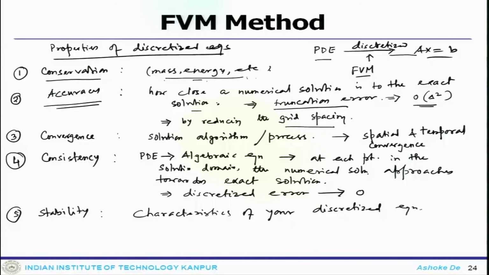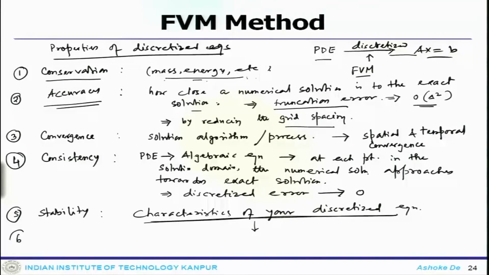That means it is a very inherent property of your discretized system, because the discretized system is what finally takes you to the solution. So, the path of the solution is important, and that can dictate whether the solution is stable or not. So, it has to do with both the discretized system and the solution process.